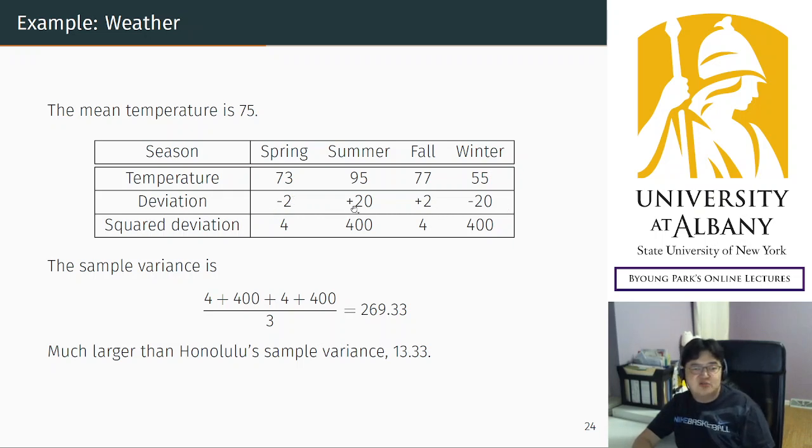And then -2, plus 20, plus 2, minus 20 are squared. So 4, 400, 4, 400. They are squared deviations, which is a kind of distance.